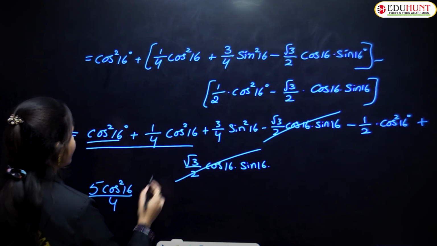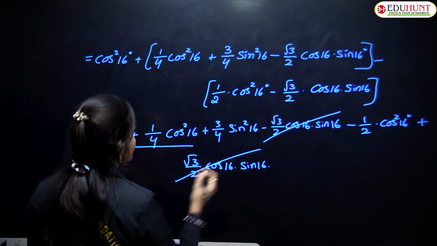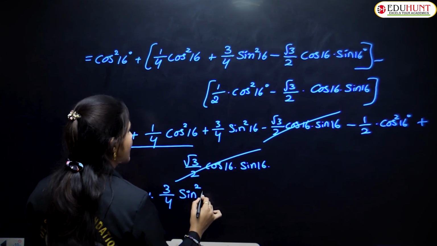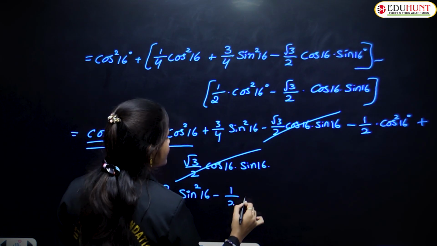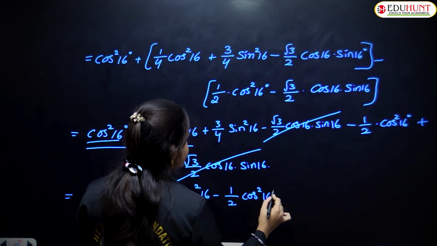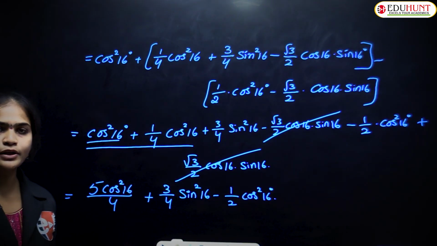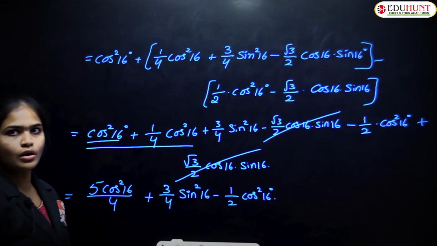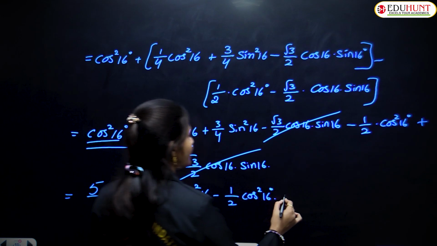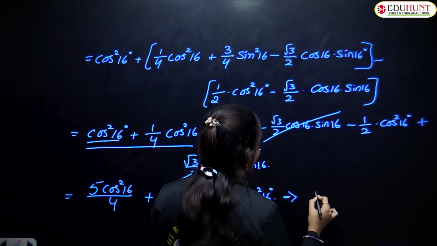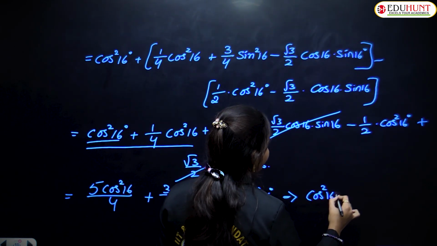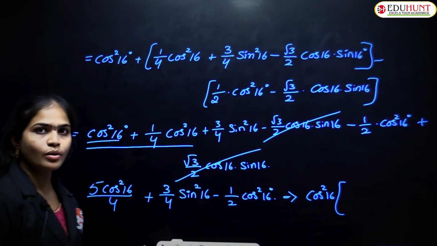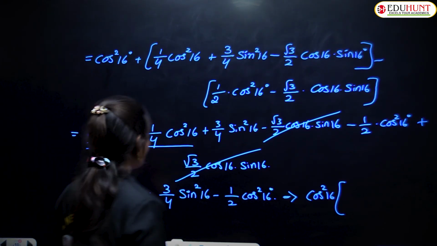And here plus 3 by 4 sin square 16 minus 1 by 2 cos square 16 degrees, minus 1 by 2 cos square 16. So here cos square 16 is there, here also cos square 16 is there. So from these two I have taken cos square 16 as common. So the leftover is 5 by 4.